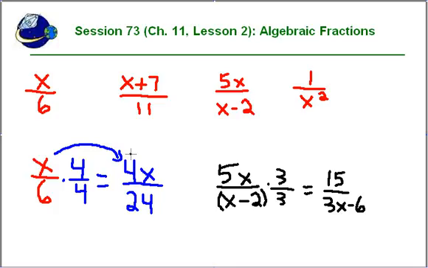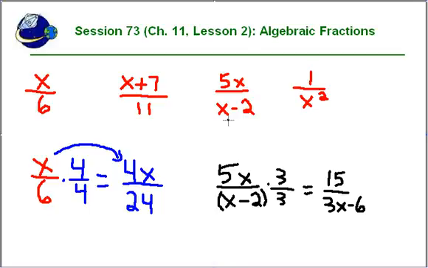Before we move on to the next screen, it's important to remember that the value for the denominator of a fraction can never equal 0. If we take a look here, x over 6, 6 is not 0, so that's legitimate. In our second one, x plus 7 over 11, 11's in our denominator, that's fine. But let's take a look at this third one, 5x over x minus 2.